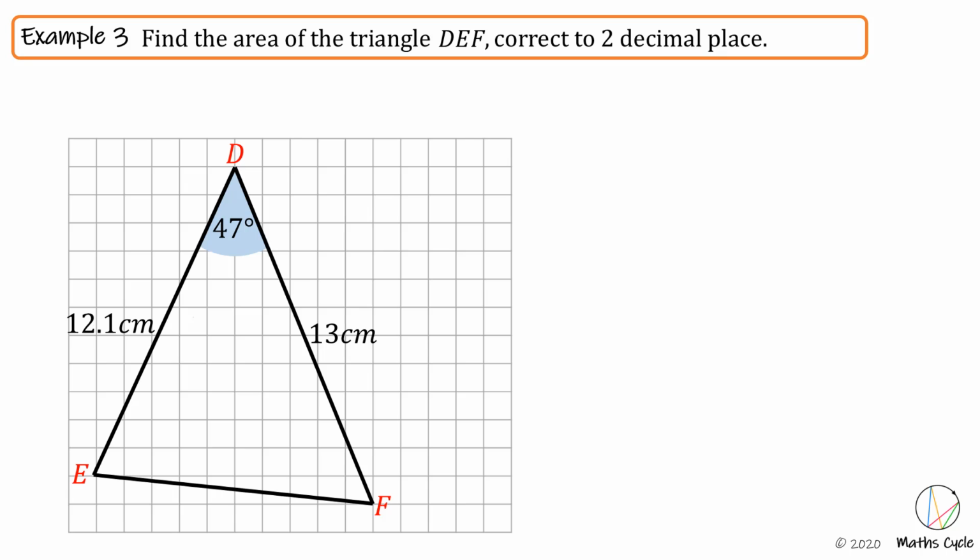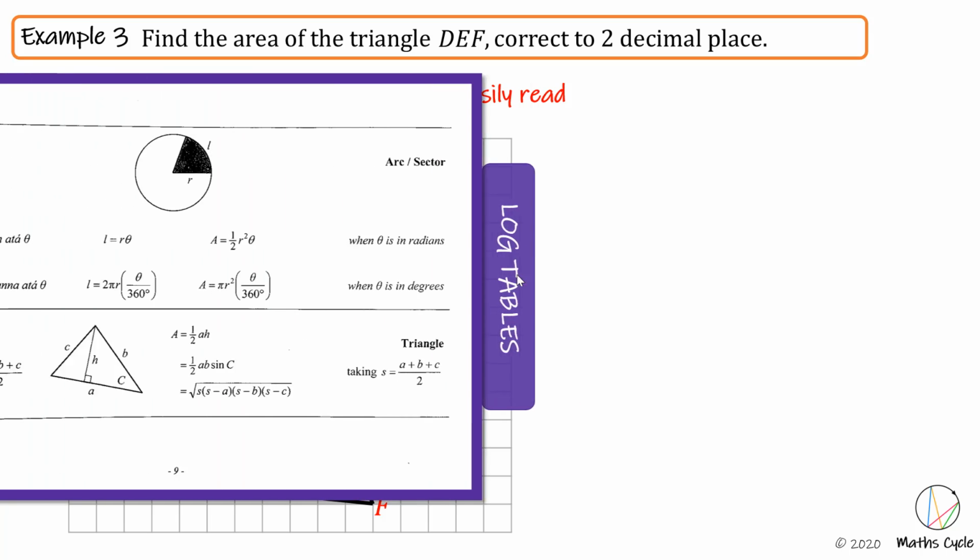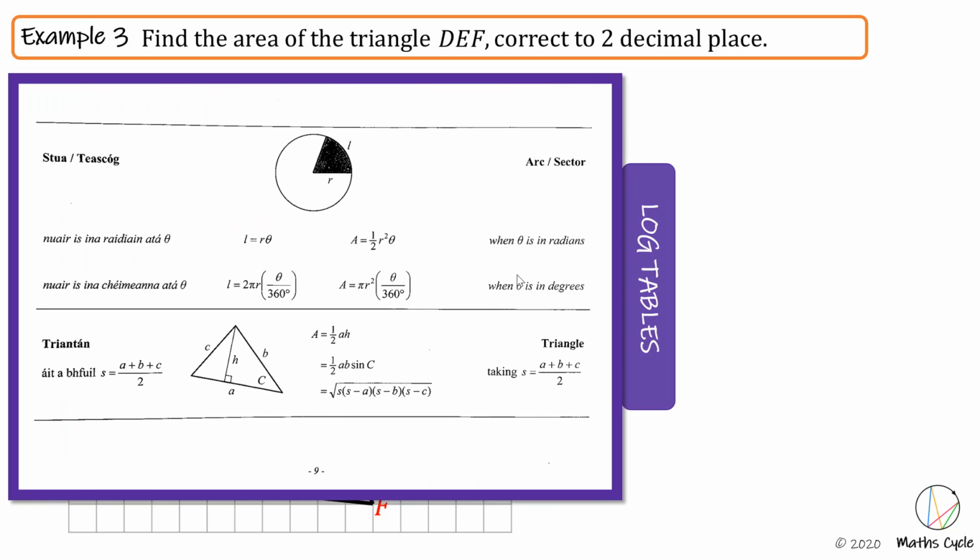Example 3. Find the area of the triangle DEF correct to two decimal places. So we have here that the length of DE is 12.1 centimeters, the length of DF is 13 centimeters, and the measure of the angle EDF is 47 degrees. So once again, we've no perpendicular height that we can easily read, so straight to the log tables to get our formula using two sides and the included angle.